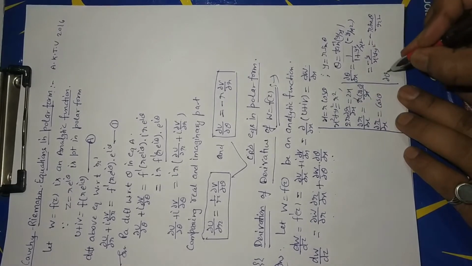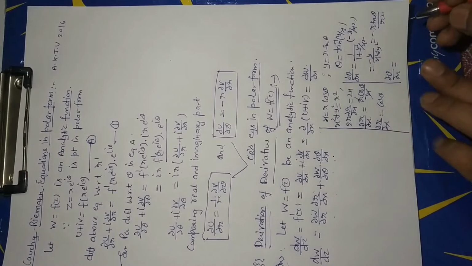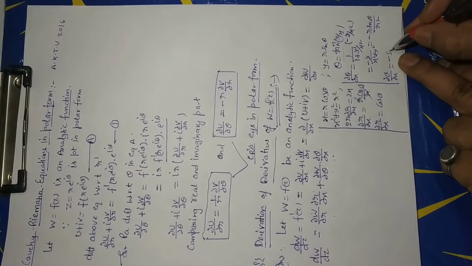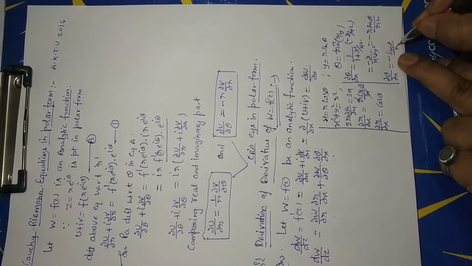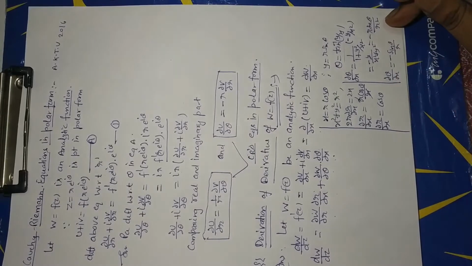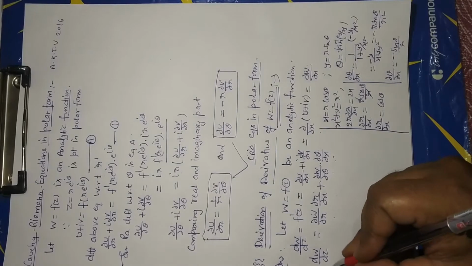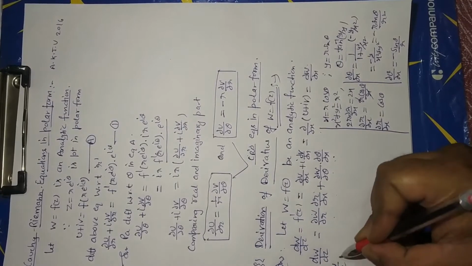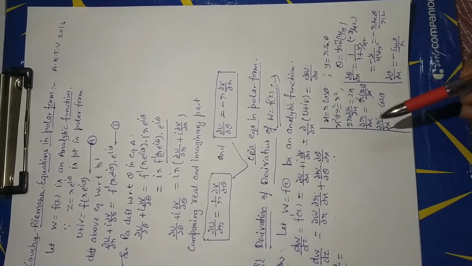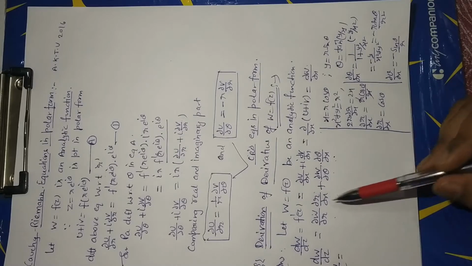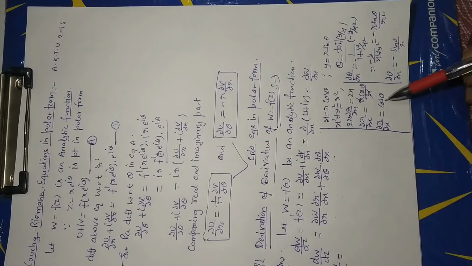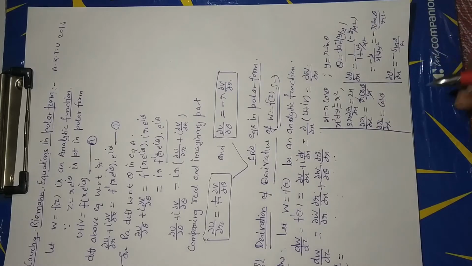Now del theta upon del x equals minus sin theta upon r. This is the value of del theta upon del x. So dw upon dz equal, now we put del r upon del x equal to cos theta and del theta upon del x equal to minus sin theta upon r in this.